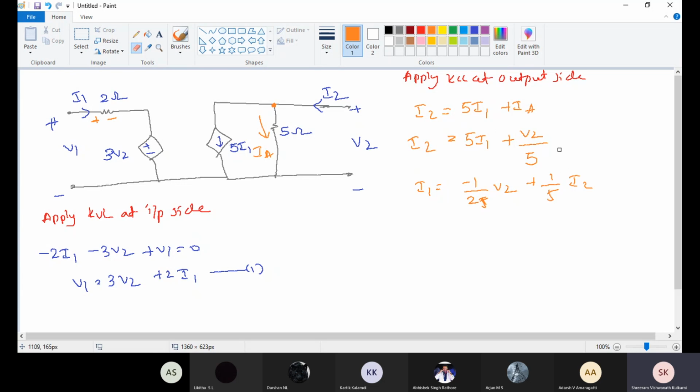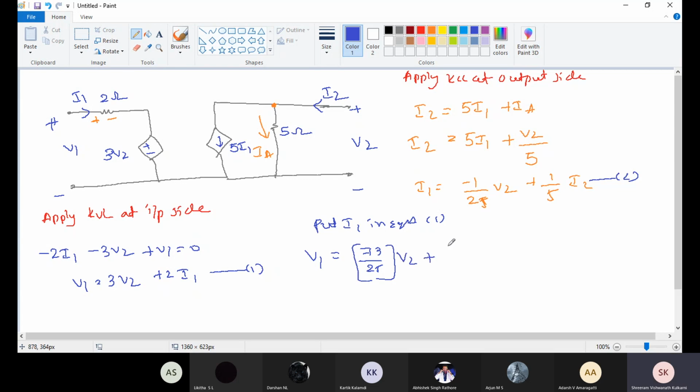I'll call this equation 2. Now I'm going to put this I1 in the first equation. Involve equation 2 in equation 1.